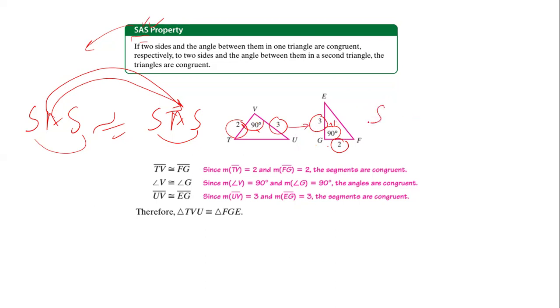Okay, one angle, one angle, and the other side here, the other side here. If this property is satisfied, it means both triangles have the side angle side property.